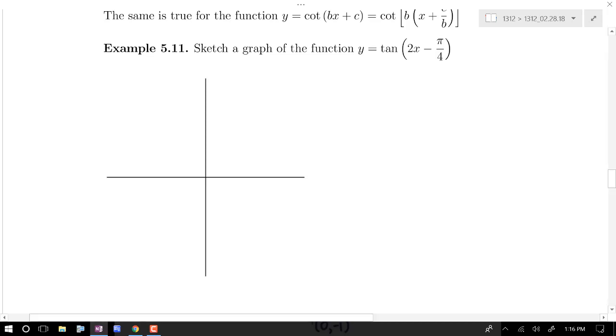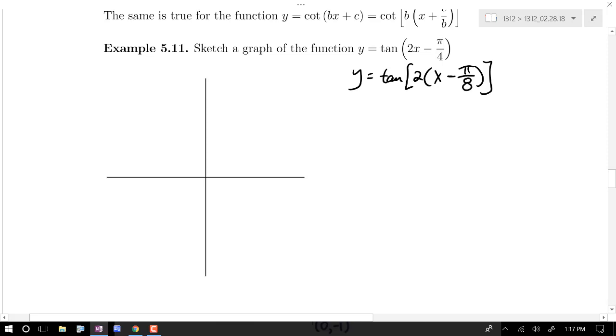So if we start this one out, the first thing we want to do is factor out that 2. What goes in the parentheses if we factor out the 2? That's a good start. I'll do the next one, minus pi over 8, yep.